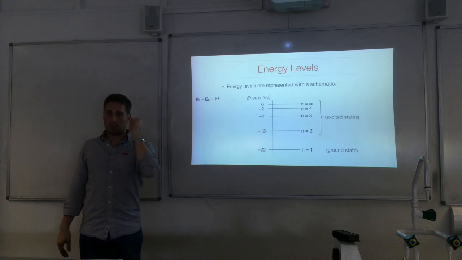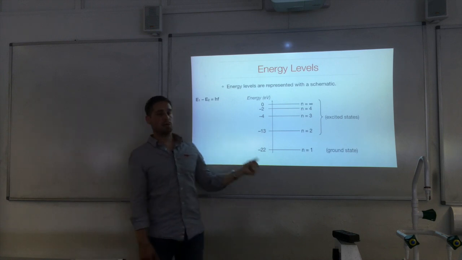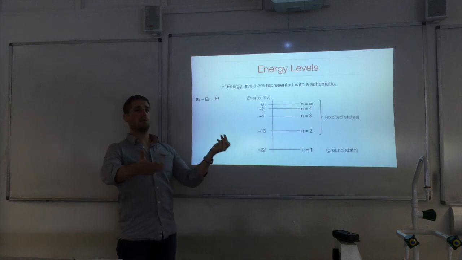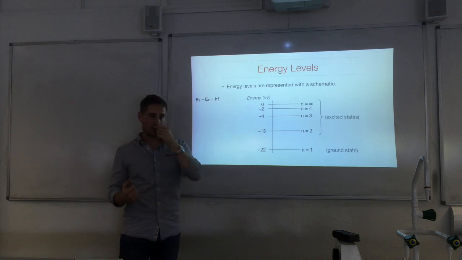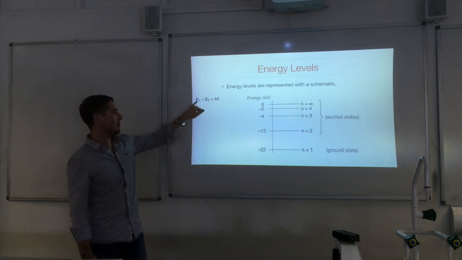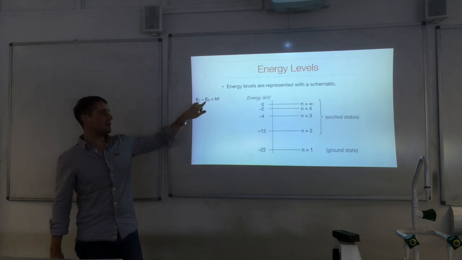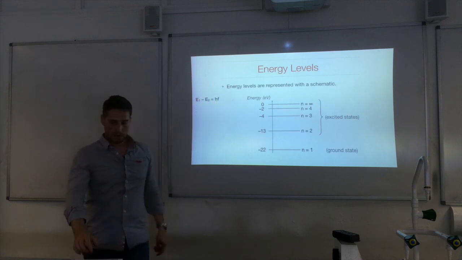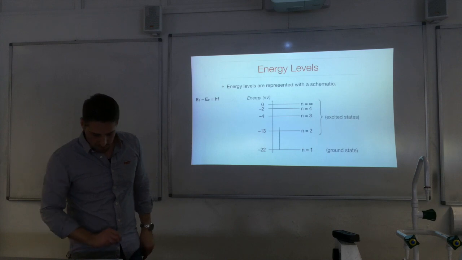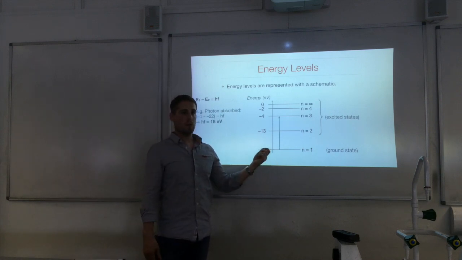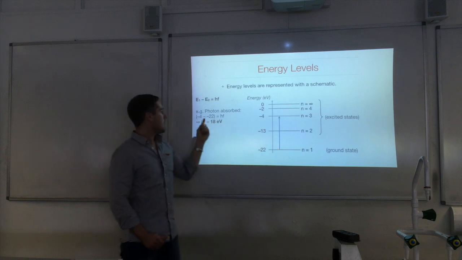Photon energy must correspond exactly to the difference between energy levels if it's to be absorbed, and if a photon is emitted by electrons dropping energy levels, then its energy will correspond to the difference between those energy levels. So E1 minus E2, that's the difference in energy level, and hf is photon energy. Let's have a look at a photon being absorbed. So we've got a photon, and an electron in the ground state absorbs it.